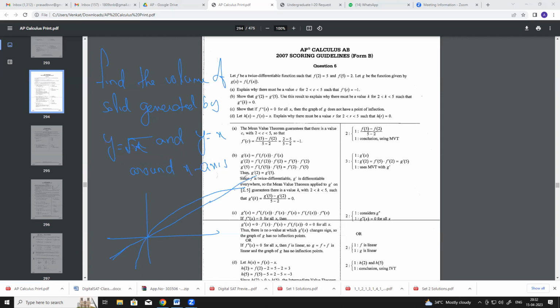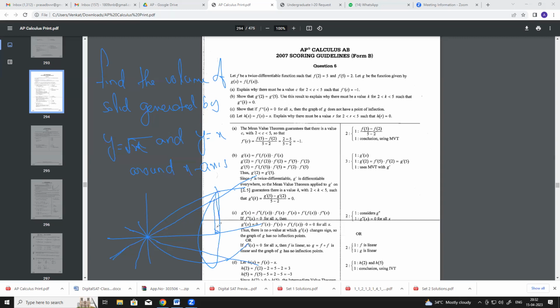There are two functions here. I'm rotating with respect to the x-axis, so you get a volume something similar to this. They are rotated around the x-axis. This is the outer and this is the inner.